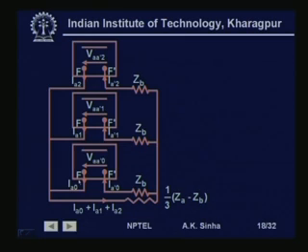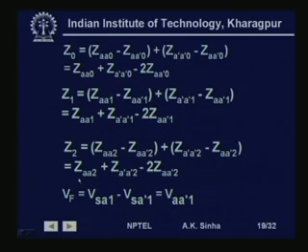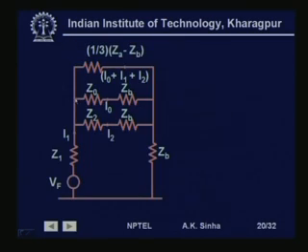So, we have Z0 and ZB in series, similarly Z2 and ZB in series, and here I2 is flowing, here I0 is flowing, and here we have I0 plus I1 plus I2 flowing.